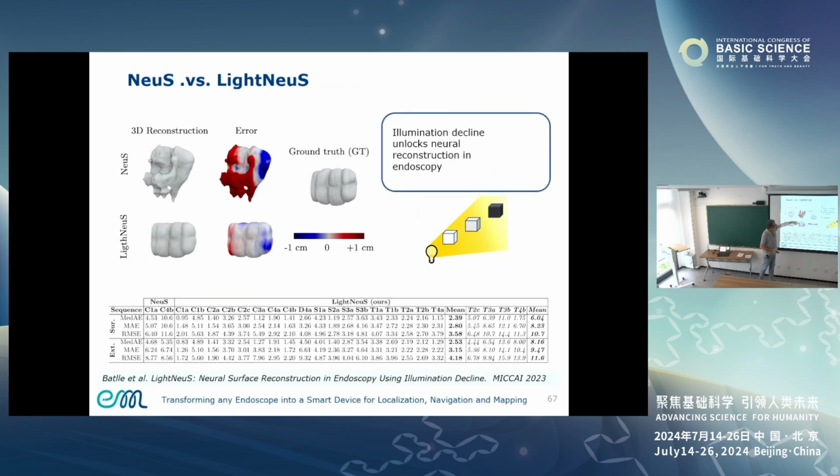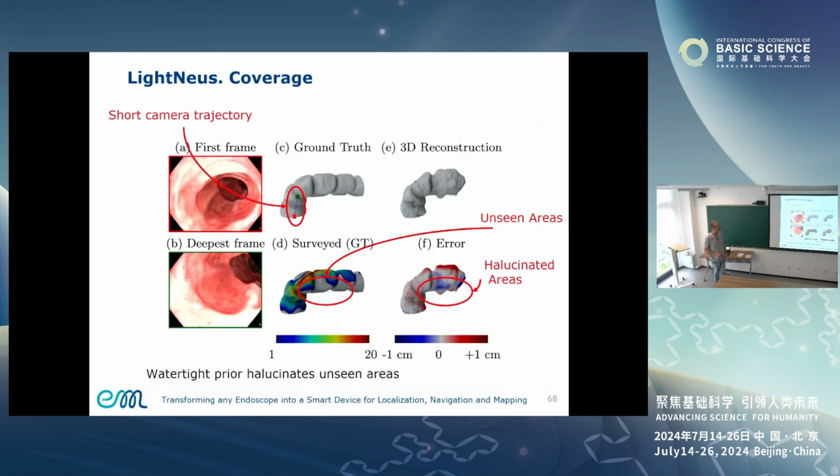So we get significantly better results. So we think that for applying these neural rendering methods inside the human body, you have to use this illumination decline, because it's the actual rendering model that should be used. Secondly, there is a very interesting medical use case for this method.